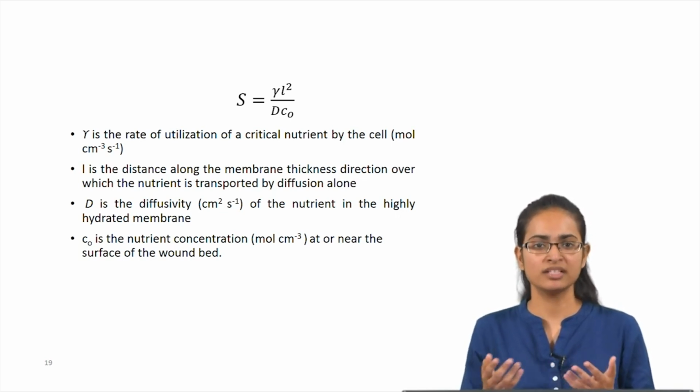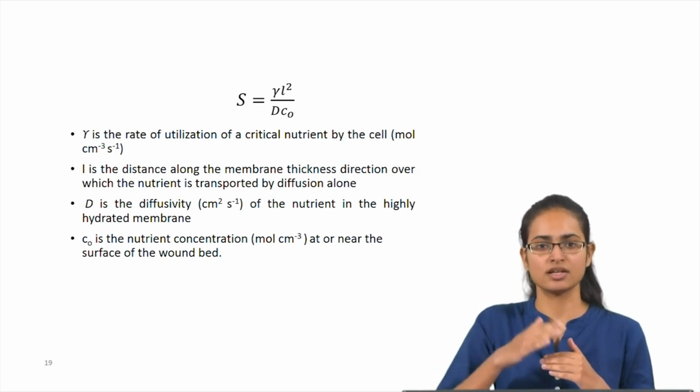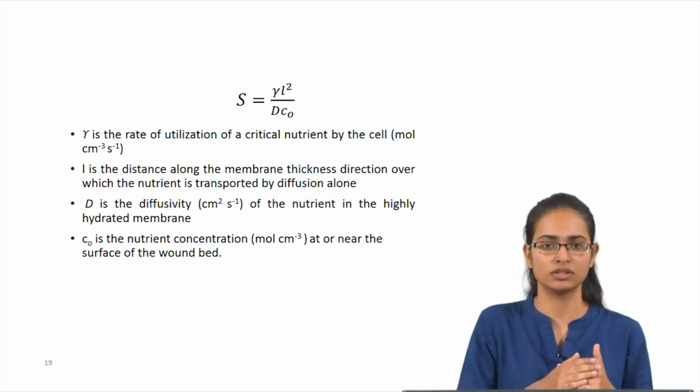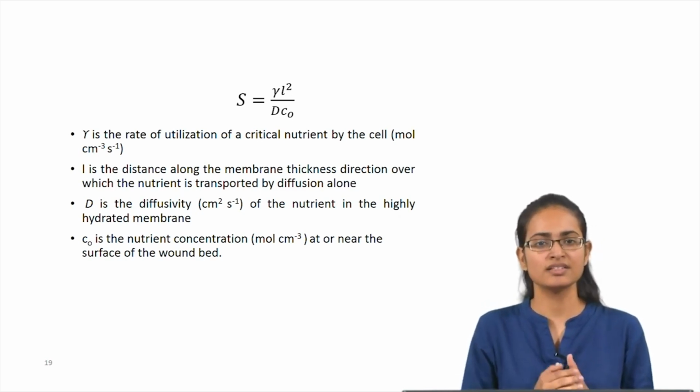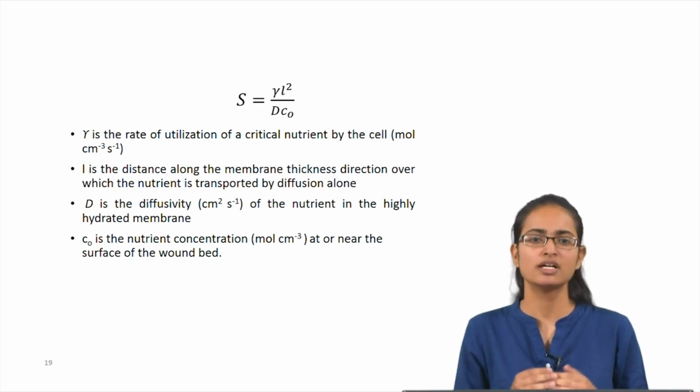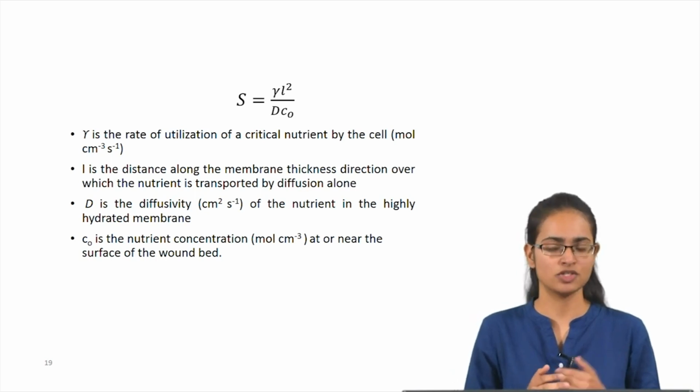L is membrane thickness, the distance along which the cell has to migrate. D is the diffusivity of the nutrient in the membrane. C naught is the nutrient concentration at or near the surface of the wound bed.